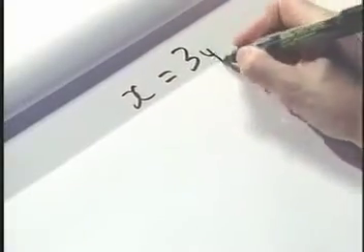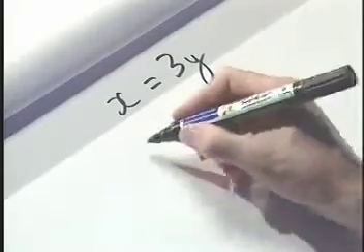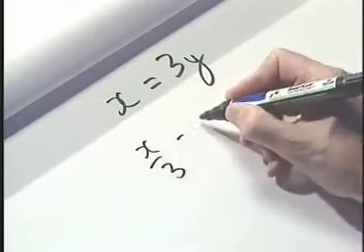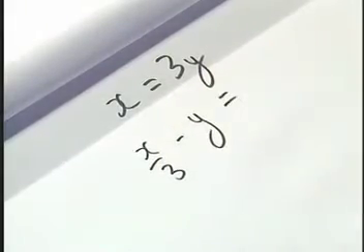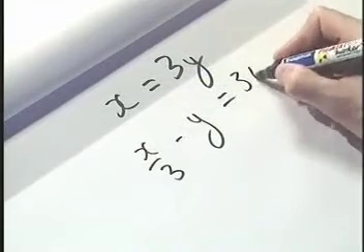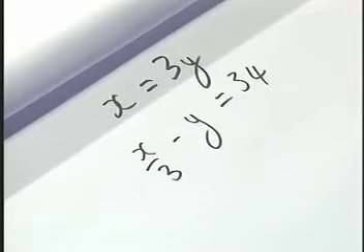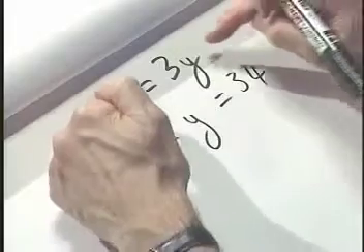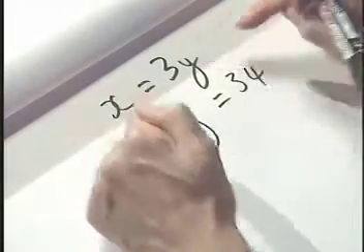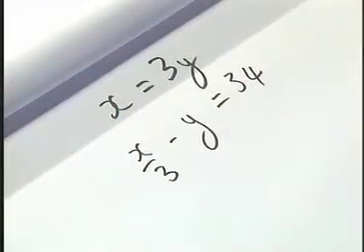First of all, let's have this one. x equals 3y, and x over 3 minus y equals 34. A pair of linear simultaneous equations again, because they've both got just x and y in, and numbers, nothing else. No x squareds, no xy's, etc.